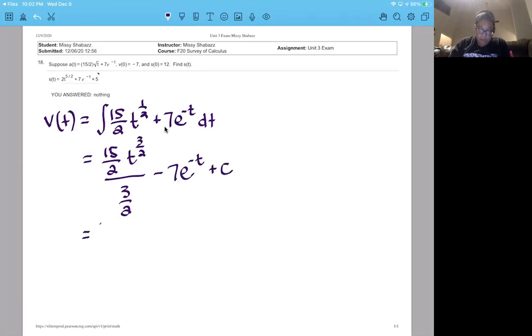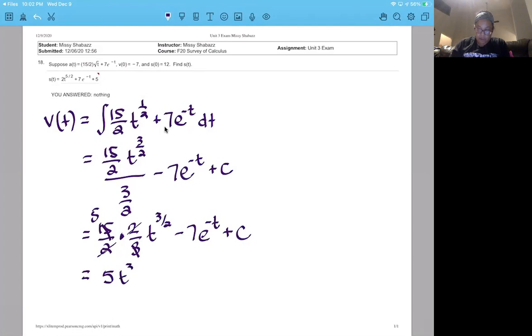Let's multiply by the reciprocal: 15/2 times 2/3 t^(3/2) minus 7e^(-t) plus a constant. My 2's cancel and 3 goes into 15 five times, so I have 5t^(3/2) minus 7e^(-t) plus a constant.